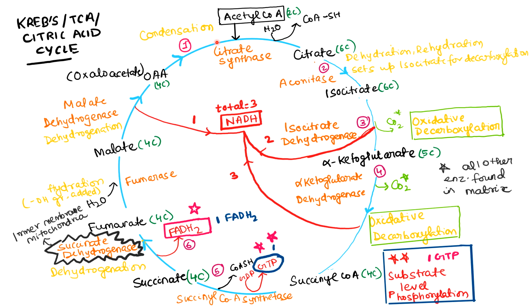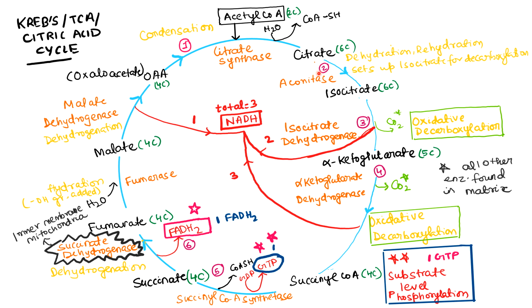As a result of the condensation, 4C plus 2C gives rise to a 6-carbon compound, that is citrate, and subsequently a molecule of water is added and the coenzyme A is released. The enzyme catalyzing this reaction is citrate synthase. As citrate is being synthesized, the enzyme is citrate synthase.